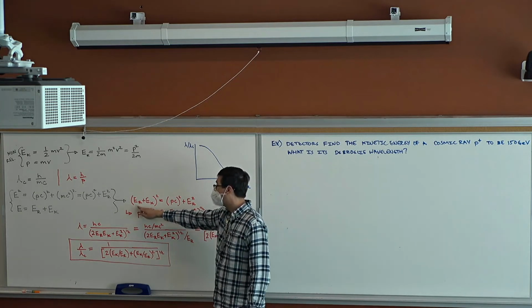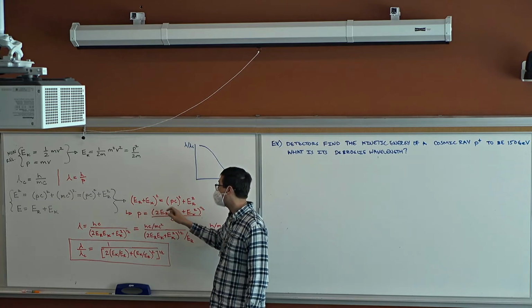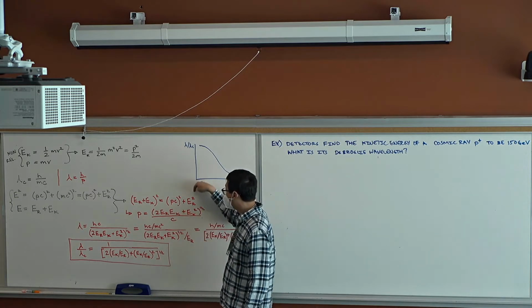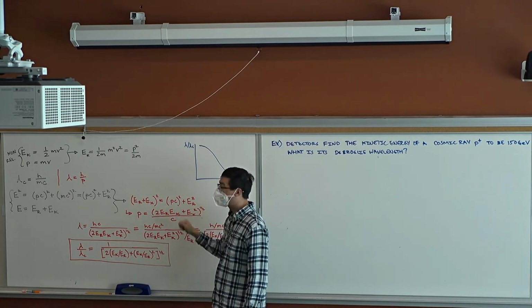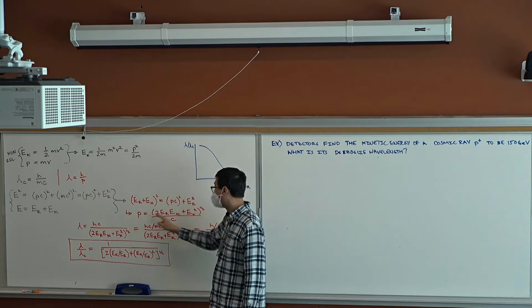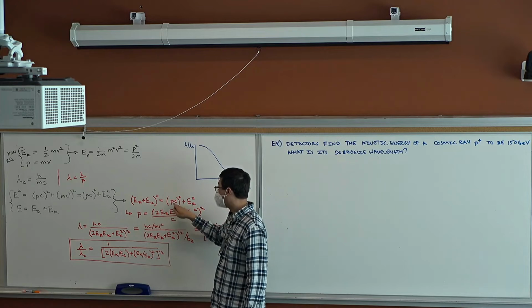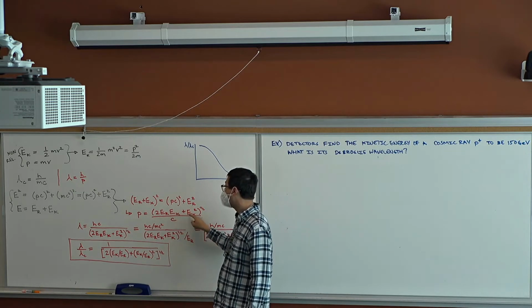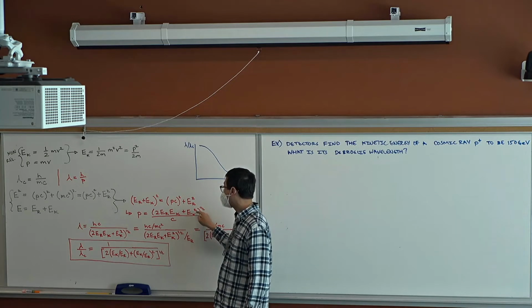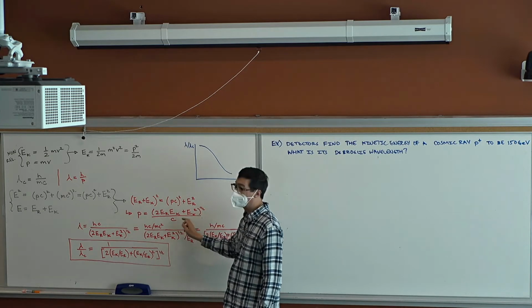Multiplying this out, I get E_R squared plus 2 E_R E_K plus E_K squared. But I also have an E_R squared on this side, so if I subtract across, the E_R squareds take care of each other, and I'm left with solving for p. p is equal to (2 E_R E_K plus E_K squared) to the half, all divided by c.